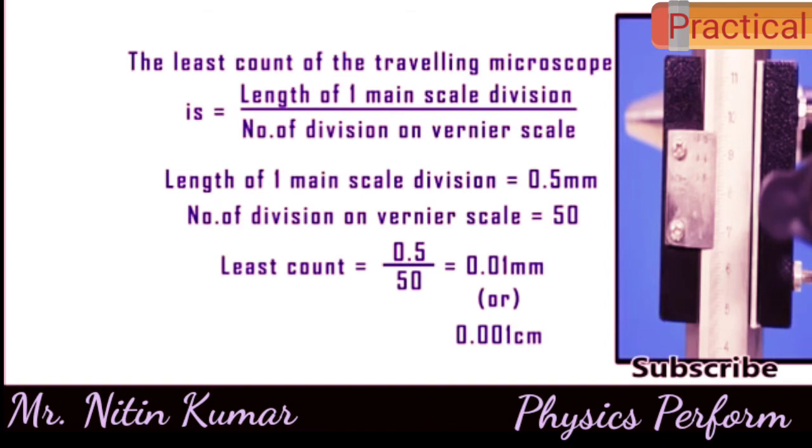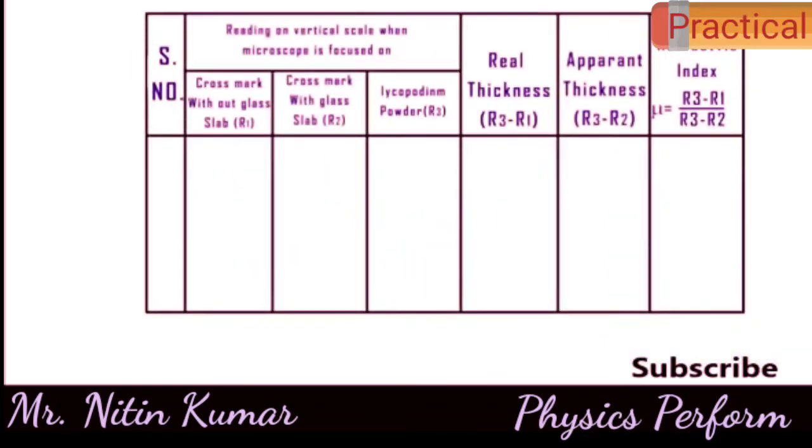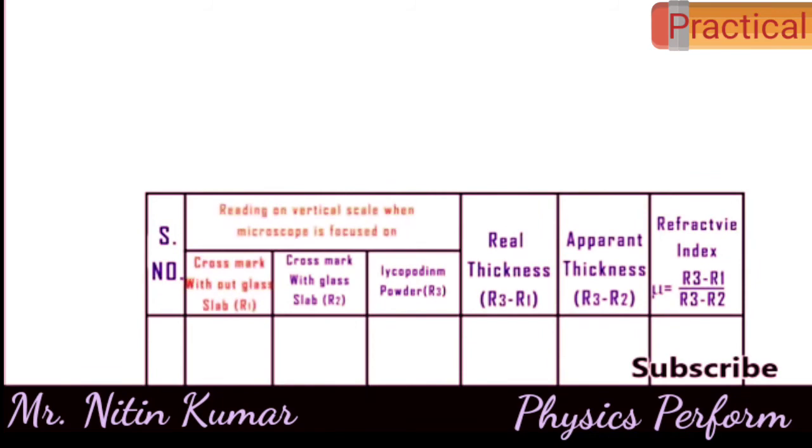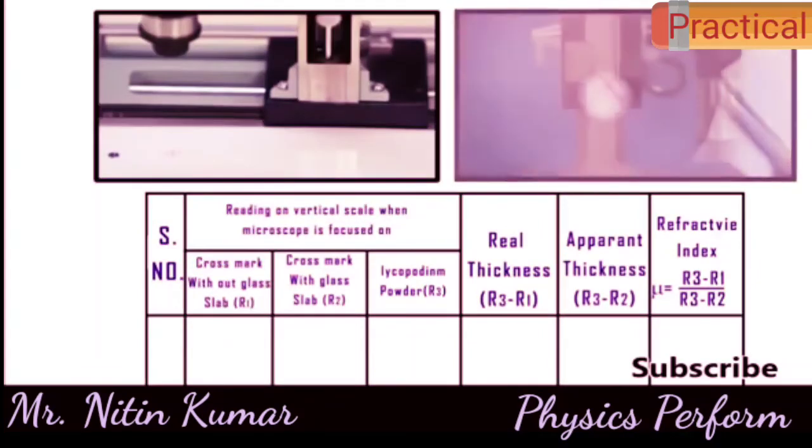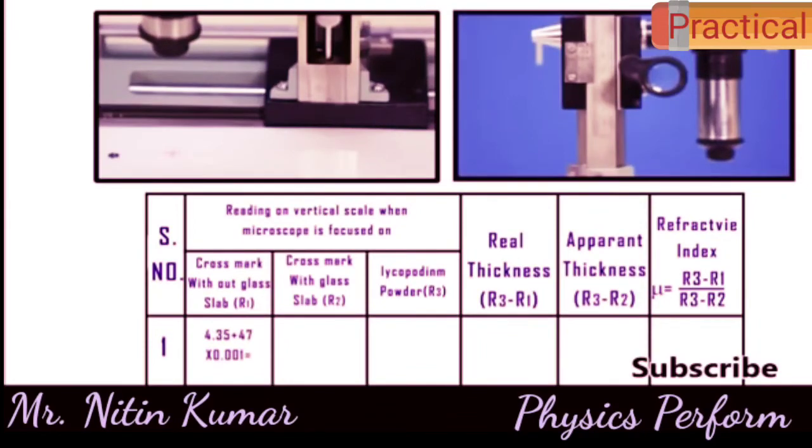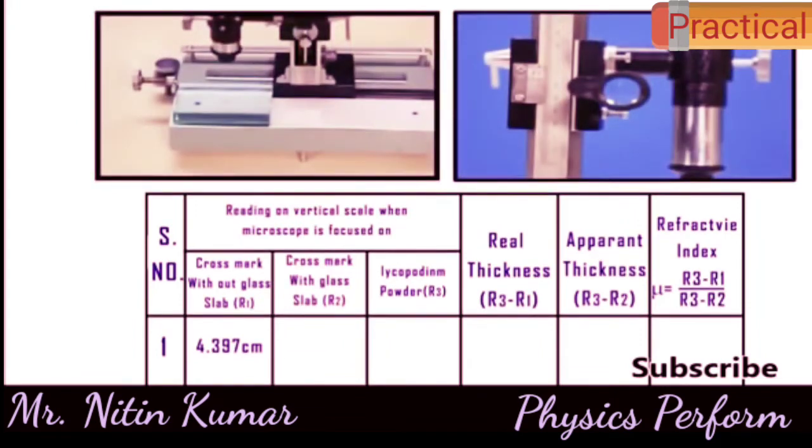Reading on the vertical scale, when the microscope is focused on the cross mark without the glass slab, R1, 4.35 plus 47 into 0.001, that is equal to 4.397 centimeters. Reading on the vertical scale, when the microscope is focused on the cross mark with the glass slab, R2, 4.95 plus 41 into 0.001, that is equal to 4.991 centimeters.